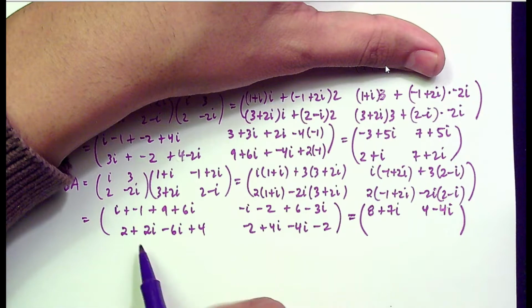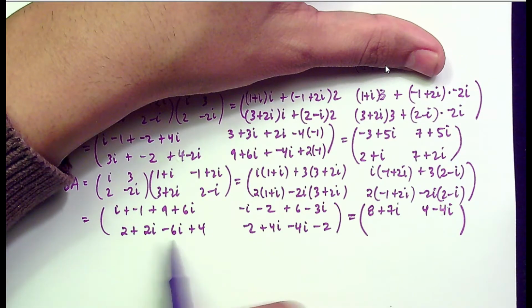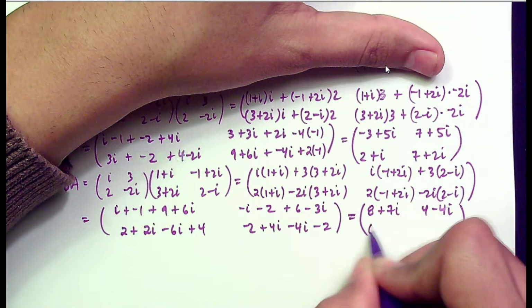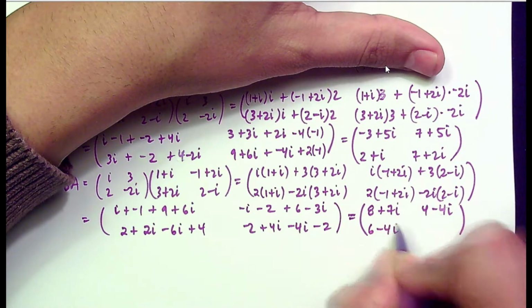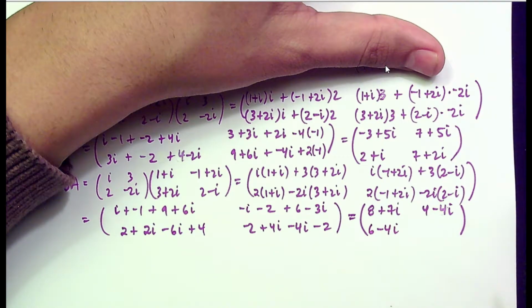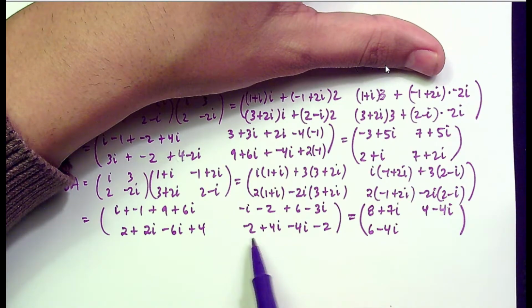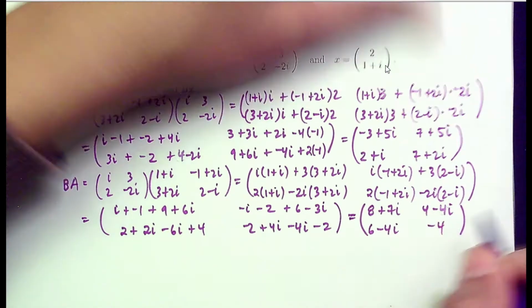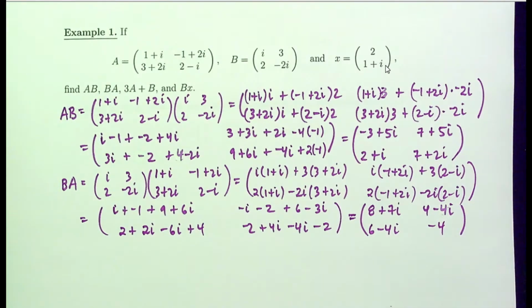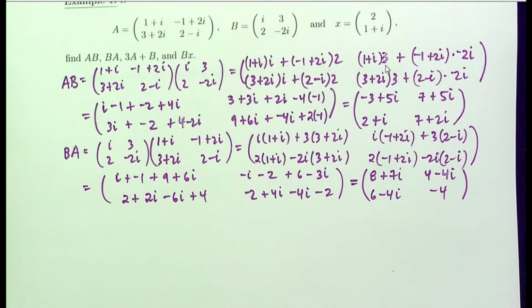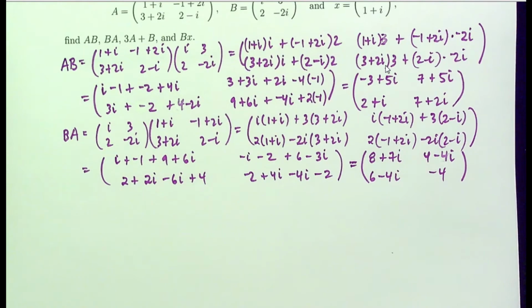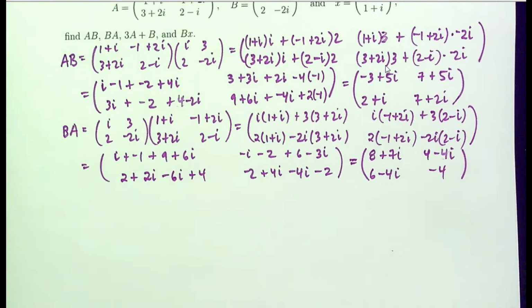Then here, collecting like terms, you would have 6 minus 4i. And then 4i and negative 4i, those cancel. You have negative 2 and negative 2, and that's negative 4. And you can see that we didn't get the same thing because the order does matter. AB is not the same as BA.